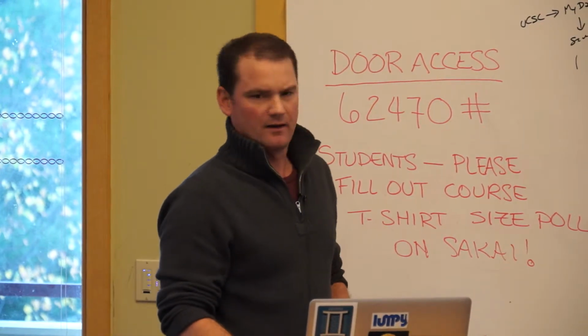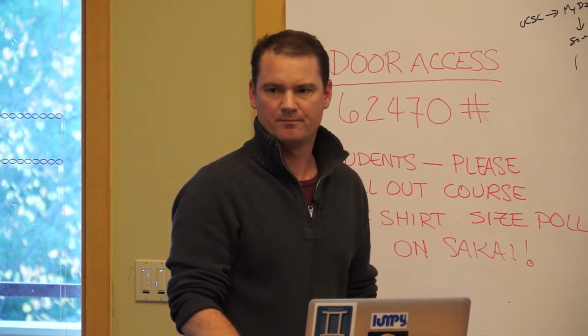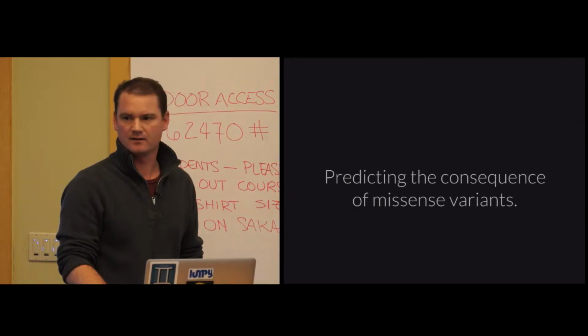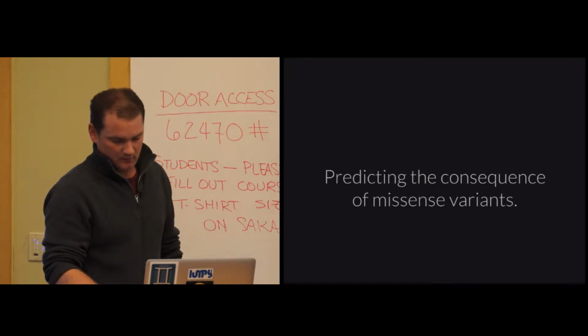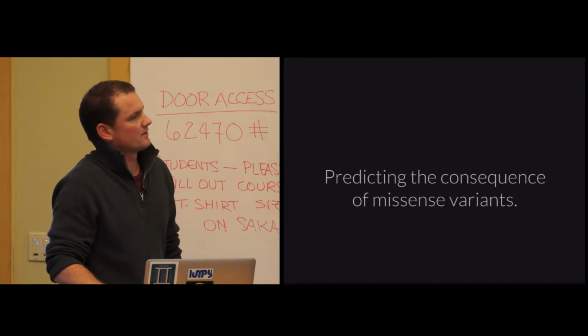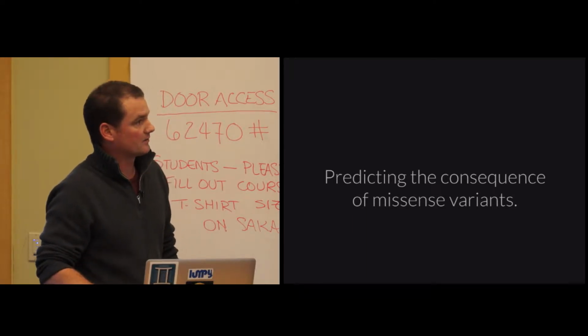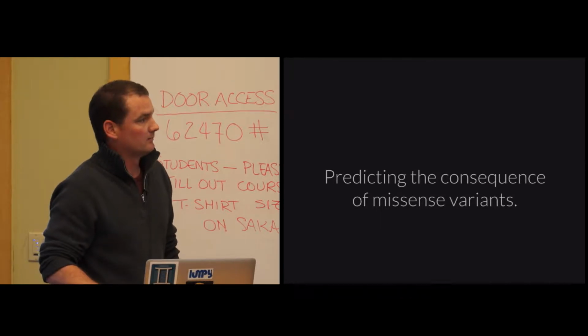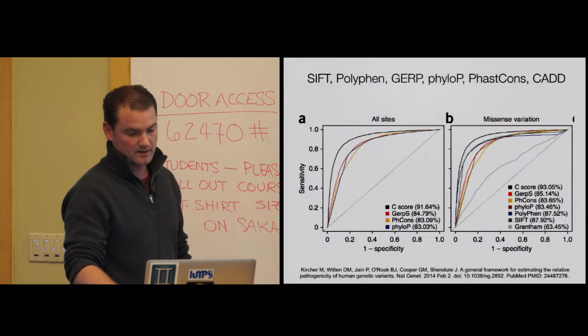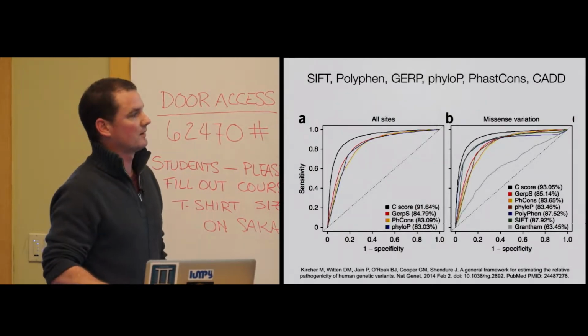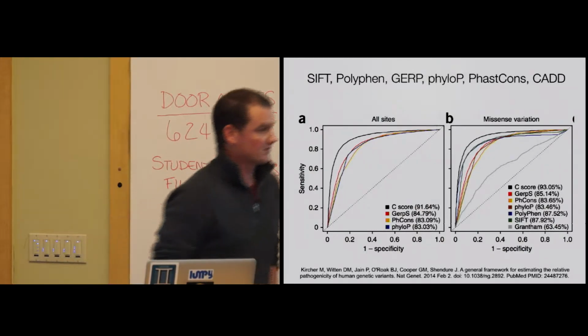So, how many of you are familiar with PolyPhen and SIFT? Okay, so a couple of you. One of the areas of research that people have been working on for almost 30 years is trying to predict the functional consequence of missense or non-synonymous changes.